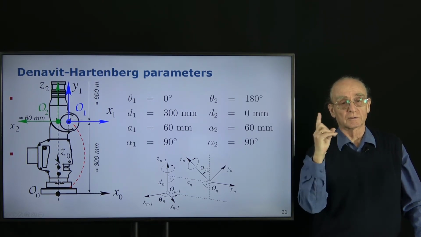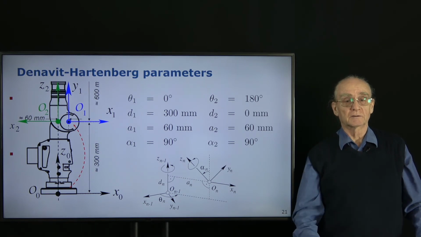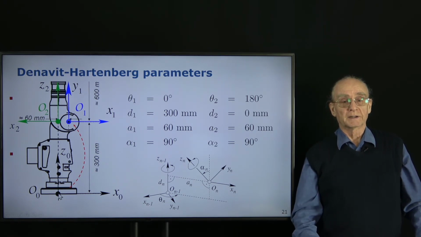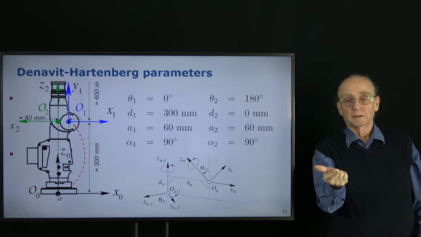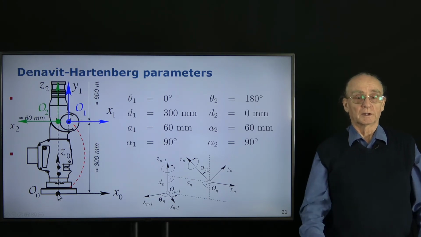So this is a vertical rotation in z-axis, and of course we choose x in some direction which is comfortable, which is in the 0 situation parallel to x1, and then the y-axis is going downwards. So we have x, y, and z going upwards, which is the S0 system.